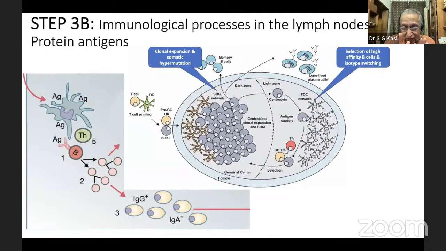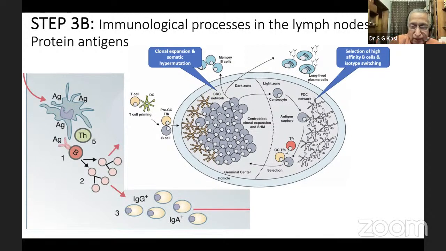If it is of very good quality, very good affinity, it has passed its exams, it gets the green signal, goes back, multiplies again, and moves into the bloodstream either as memory cells or plasma cells, producing large quantities of very specific antibodies with a very, very high affinity.